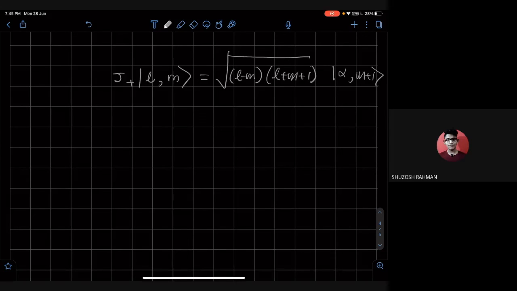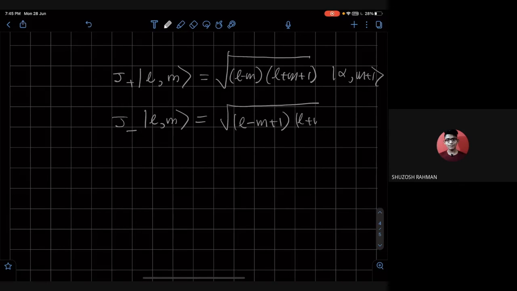It's very easy, it's just a substitution, but you should think about it. Also, at what point does the ladder terminate? It's written that the ladder must terminate at some point, but is there a specific point that we know of? Yes, we do, and that is given by the value of L.